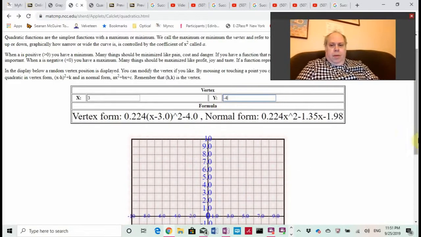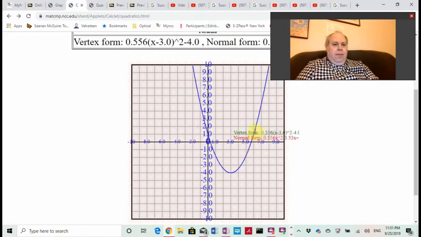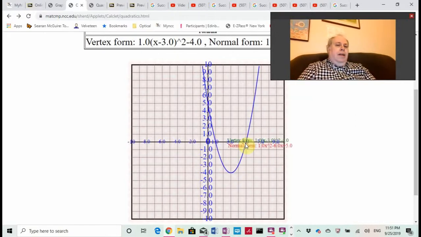And so we look down here and we see it always seems to have a turning point at 3, -4. So this is x minus 3 squared minus 4. You see, it goes from the vertex over 1 up 1, over 2 up 4, over 3 up 9.